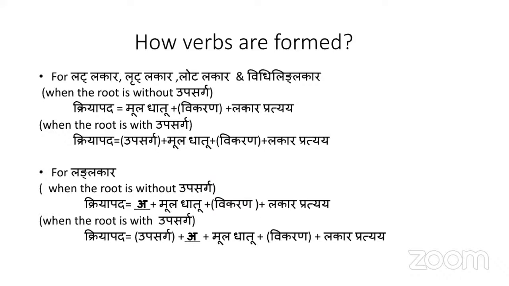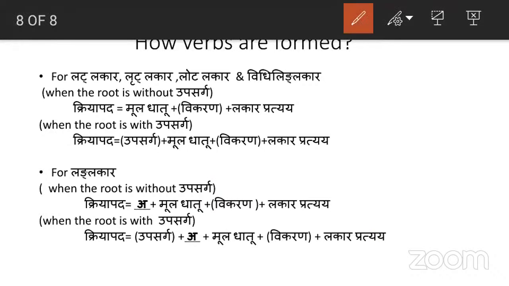After that you have to write the root, after that vikaran, and after that lakar. This a is of past tense or lang lakar. You have to remember this. To make the lang lakar form, you have to take a before the root. मूल धातु से पहले आपको अ लेना है for लंग लकार.